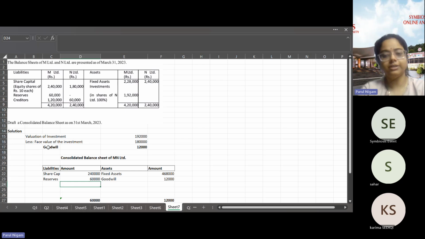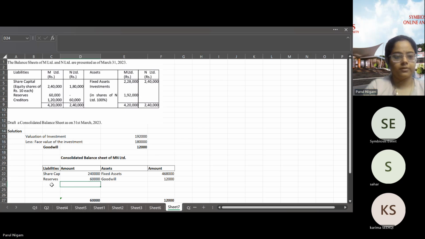Okay, so eventually the balance will become zero. That is why we don't specifically show that investment in M Limited. We only show the difference, which is 12,000. So if you see, 1,80,000 crossed from liability side and 1,80,000 crossed from asset side. So what is left? 12,000 on the asset side, which is goodwill.